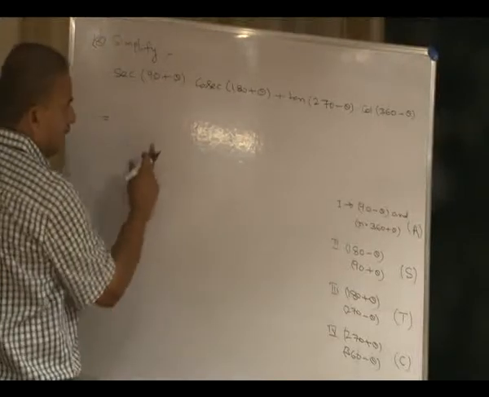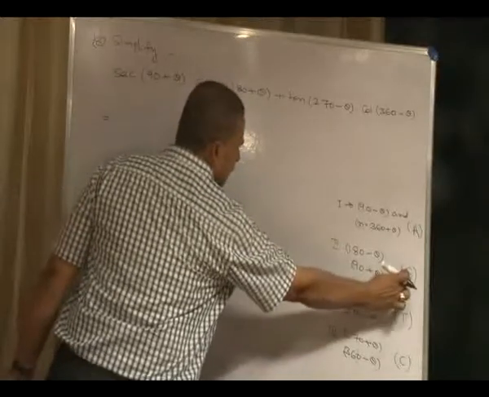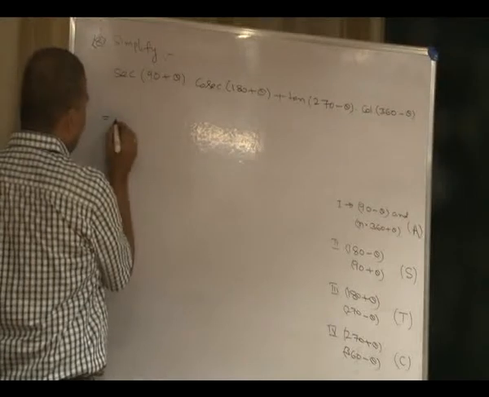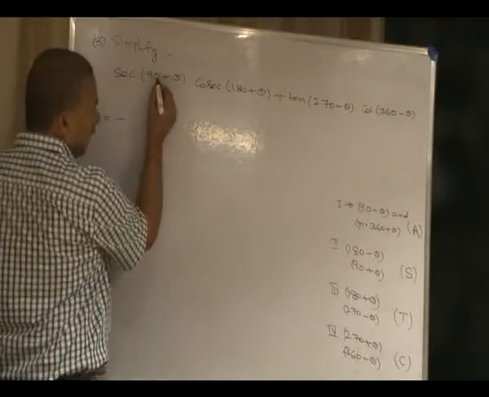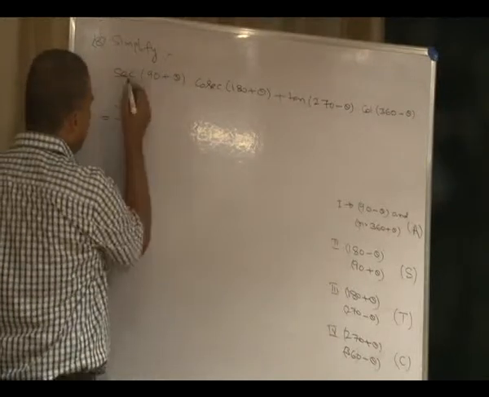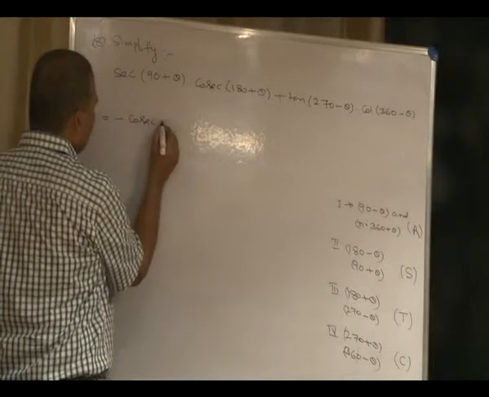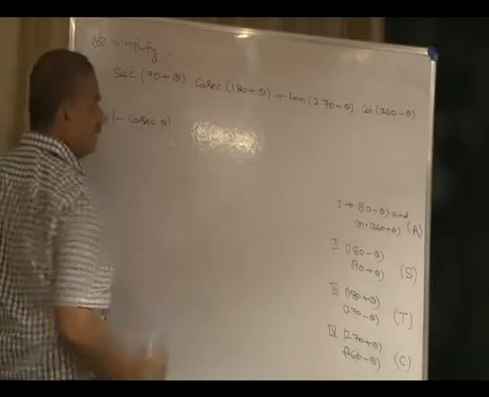Here the angle 90 plus theta comes under the second quadrant. In the second quadrant sin function is positive, but secant is negative. Here the secant function is there, that is negative, and in 90 plus theta there is a co-ratio. The secant function changes to cosecant. That means secant of 90 plus theta is minus cosecant theta.